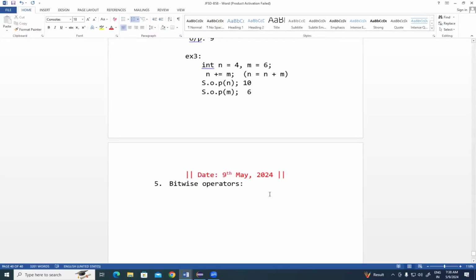Bitwise operators. As I just now told you, bitwise operators are not used in our regular web applications development. We don't use bitwise operators.